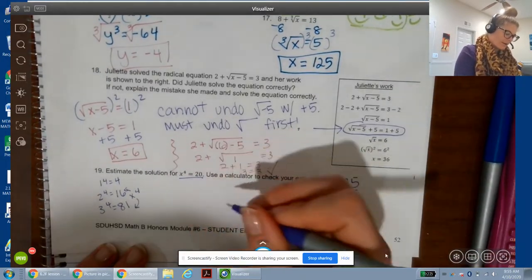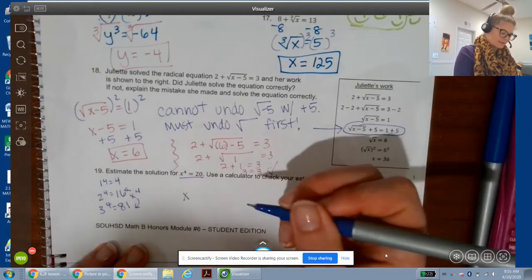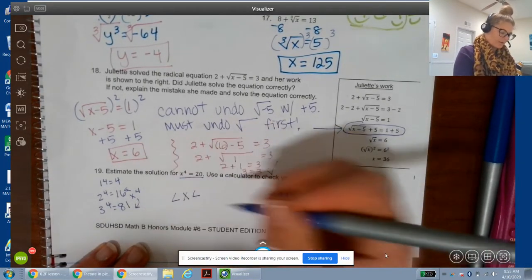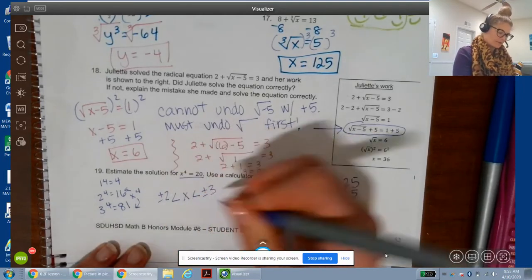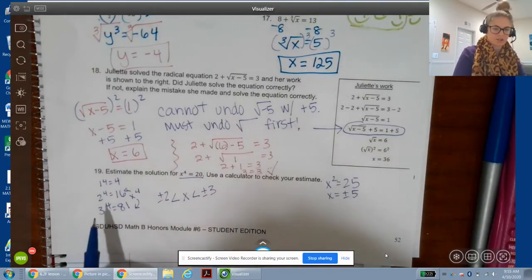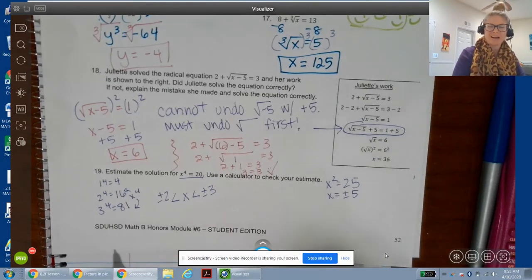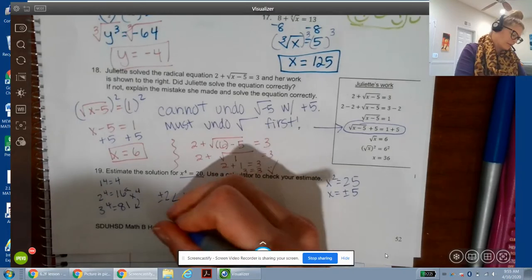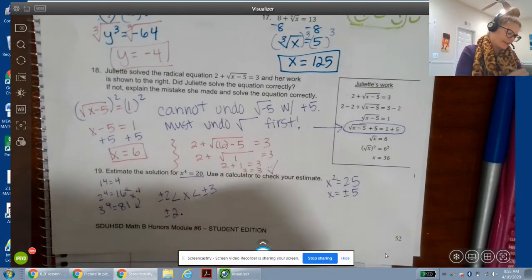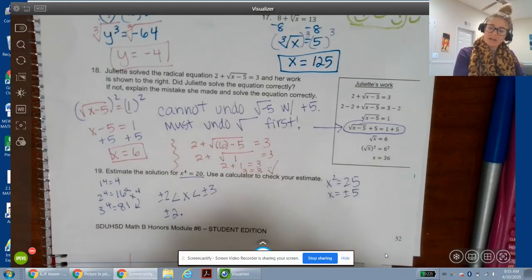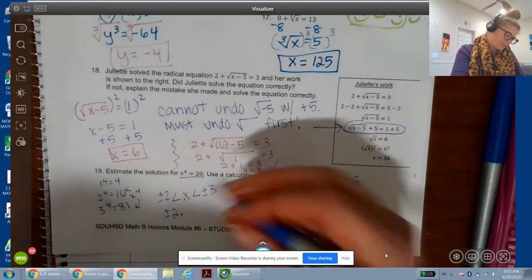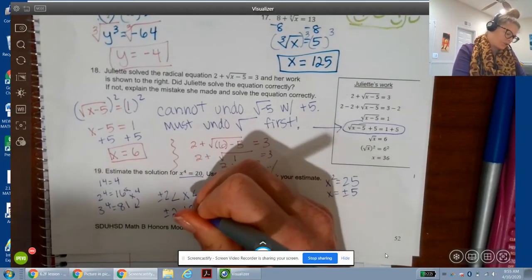We know that x is somewhere between plus or minus 2 and plus or minus 3. Which one do you think it's closer to? 2 or 3? I think it's closer to 2 also. So let's maybe make a guess, like plus or minus 2 point, I don't know. What do you think? 3, 4, 1? I'm going to say 1, 2, 3.